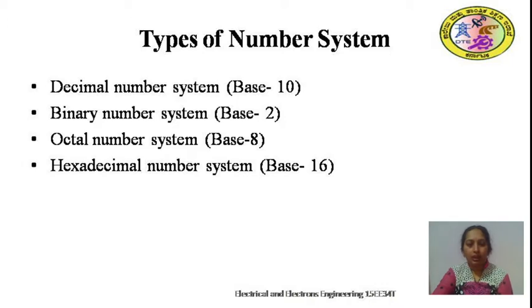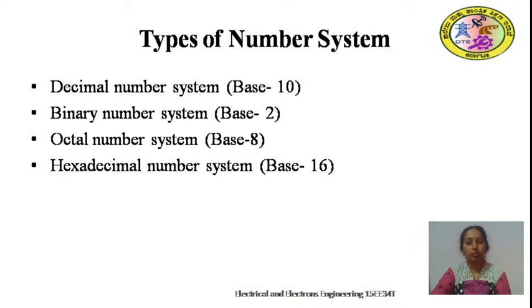The next is the octal number system, also called the base 8 system. This number system uses 8 unique symbols, starting from 0 up to 7. Eight symbols are used to represent octal numbers.